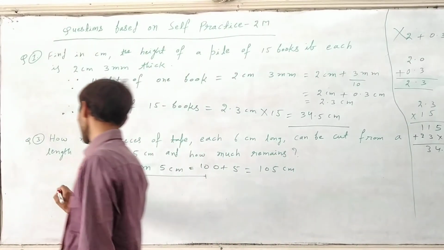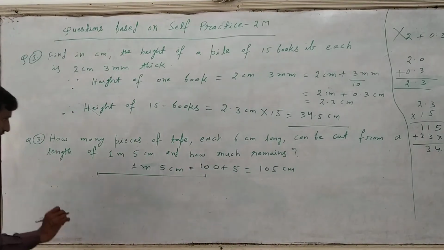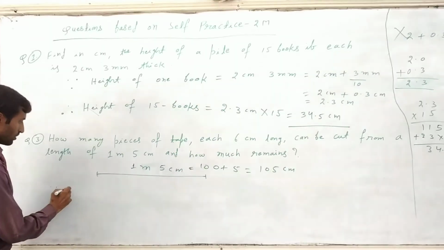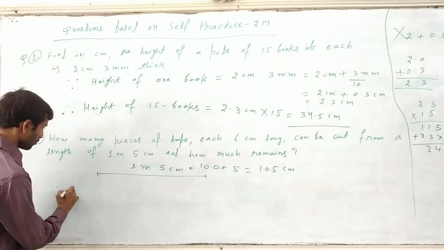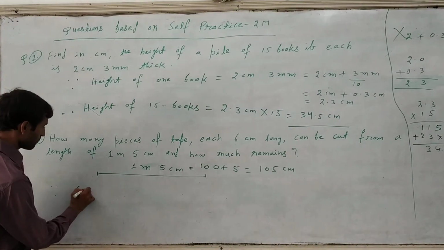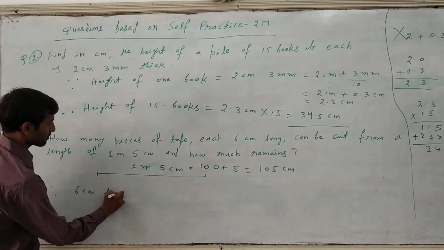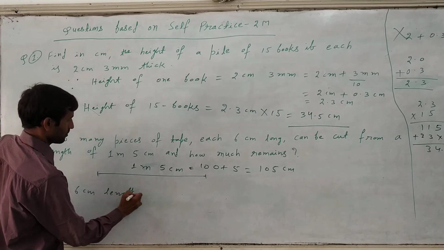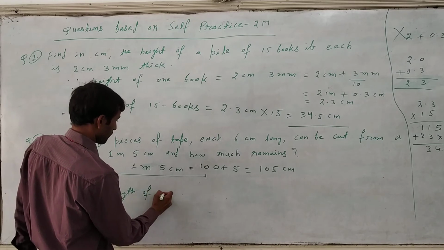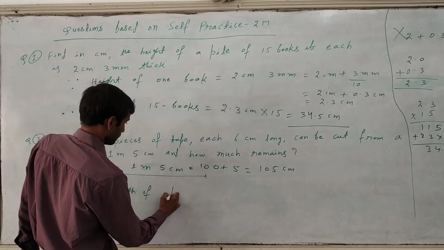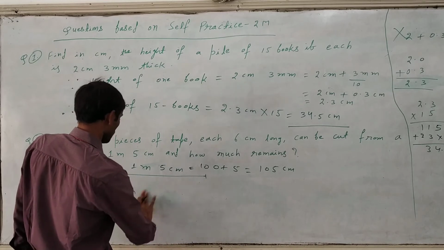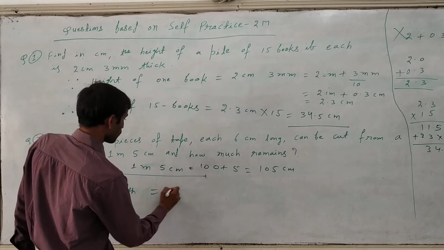So just write down the statement also. Statement: a length of 6 centimeter is equal to 1 piece.